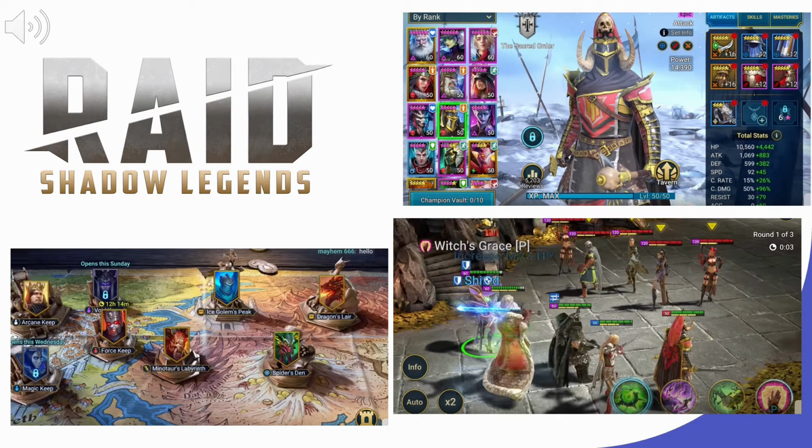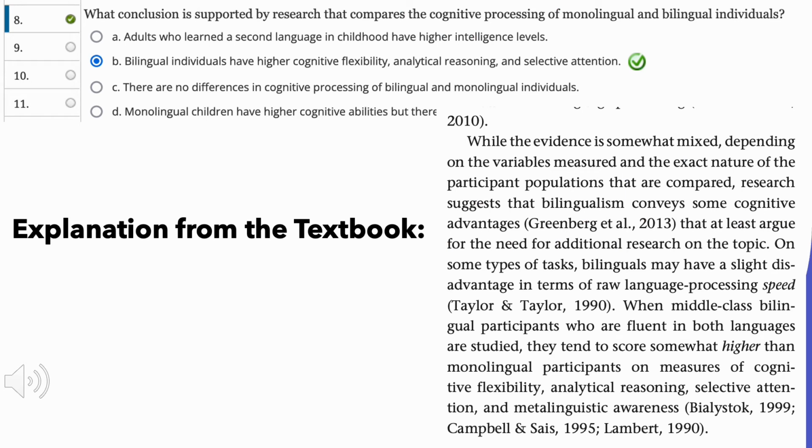Now back to the question. It's B, bilingual individuals have higher cognitive flexibility, analytical reasoning, and selective attention. Here's the explanation from the textbook. While the evidence is somewhat mixed, depending on the variables measured and the exact nature of the participant populations that are compared, research suggests that bilingualism conveys some cognitive advantages that at least argue for the need for additional research on the topic.